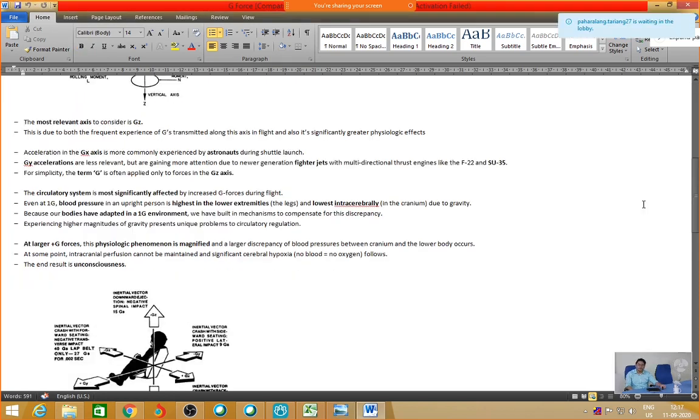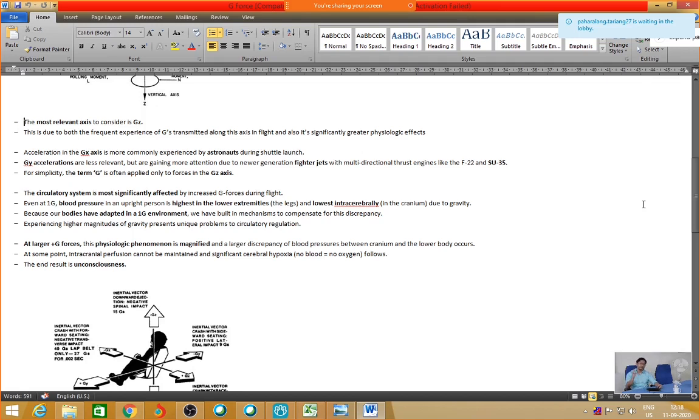Sometimes you have to consider other axes also, like the GX axis. What is the GX axis? Have you ever seen the spacecraft orientation? They sit in a different way in comparison to the aeroplane. In the aeroplane, we tend to sit facing the nose, the front end of the airplane. But in a space flight, when the rocket is lifting up, people sit with respect to the nose, but the vehicle itself is directed upwards.